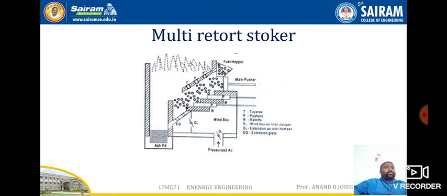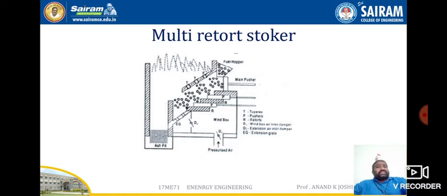The movement of the fuel bed by pushers helps minimize clinker formation. The primary air enters the wind box below the retort, and it flows through the retorts. An air damper is provided at the air inlet in the wind box to control the airflow to the furnace.